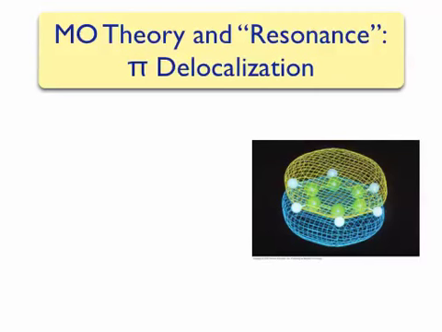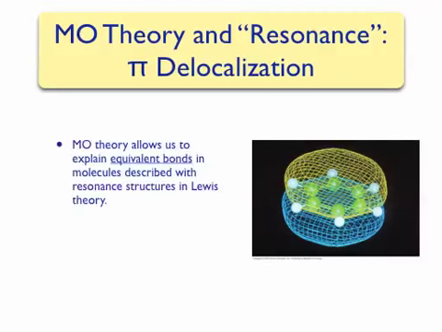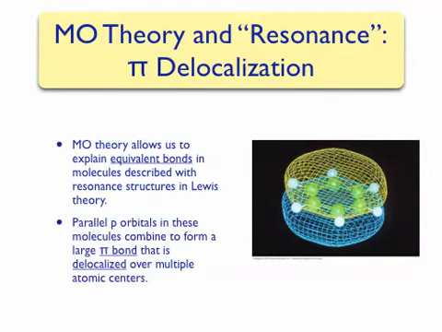Instead, we can describe resonance using pi delocalization. In pi delocalization, parallel p orbitals in molecules can combine to form one large pi bond. This pi bond is delocalized over more than 2 atomic centers.